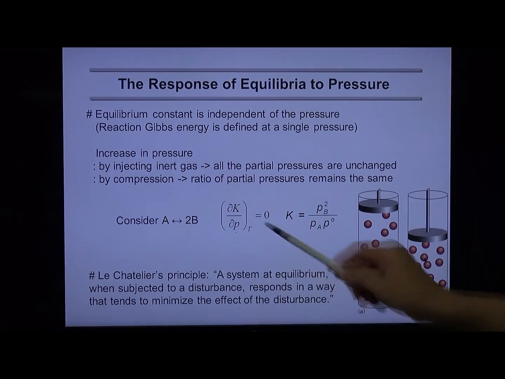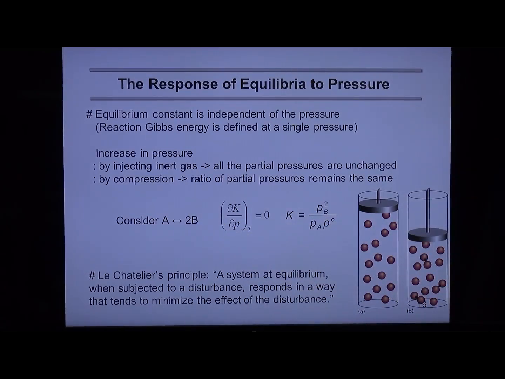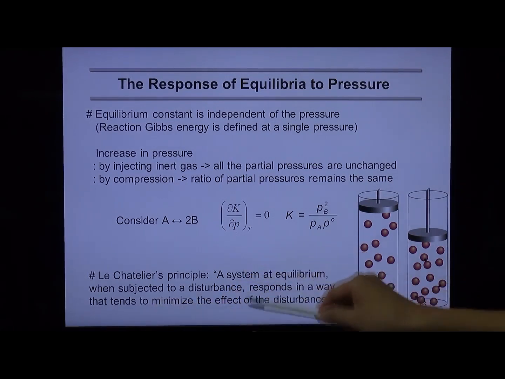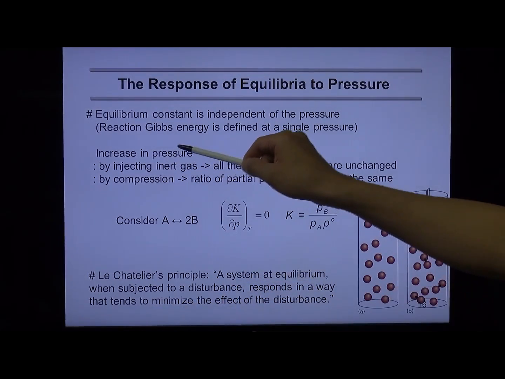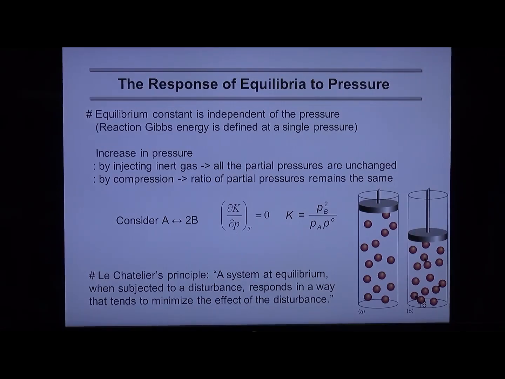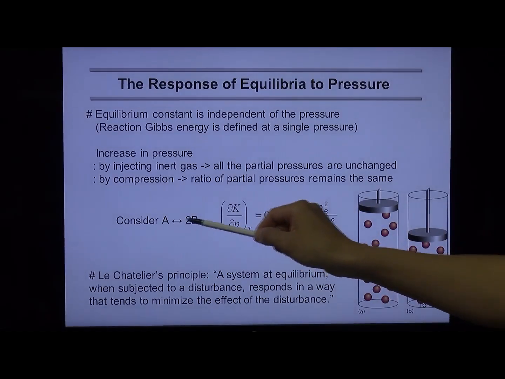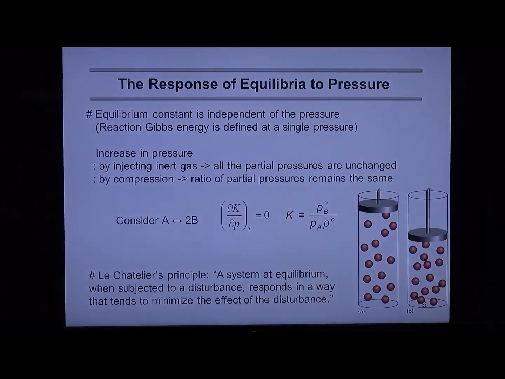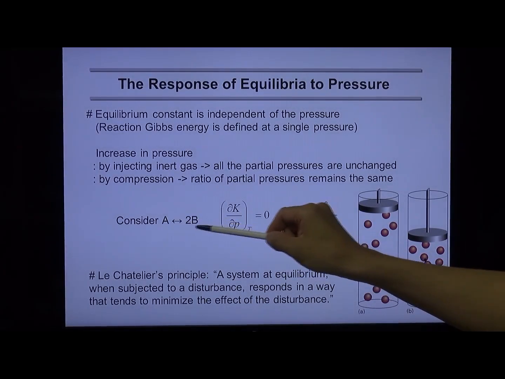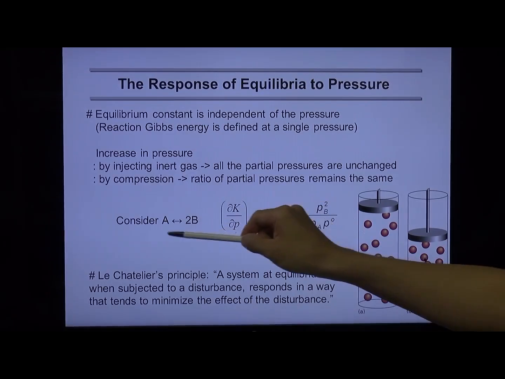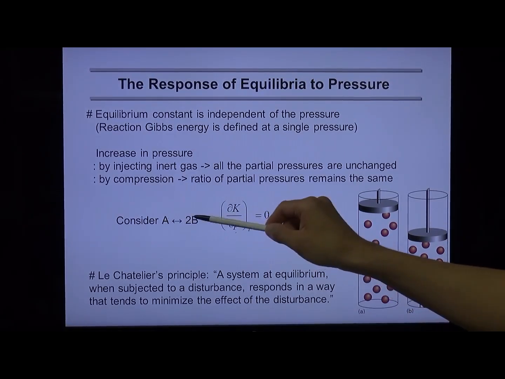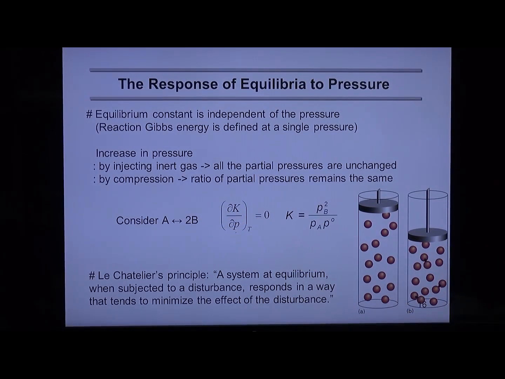So for this reaction, we increase the pressure, and to maintain the equilibrium, it responds in a way that tends to minimize the pressure increase. To do that, we have to decrease the number of molecules: one molecule, two molecules. So this equilibrium should move in the reverse direction.